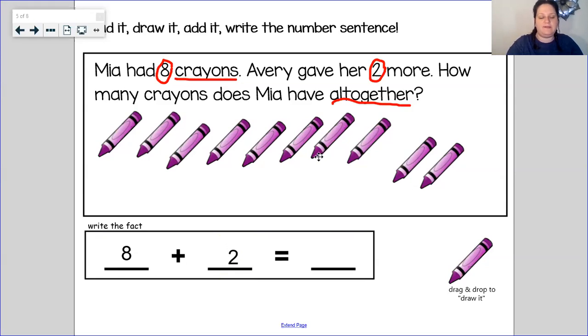And let's count these to see how many it is all together. 1, 2, 3, 4, 5, 6, 7, 8, 9, 10. So now our problem says 8 plus 2 equals 10.